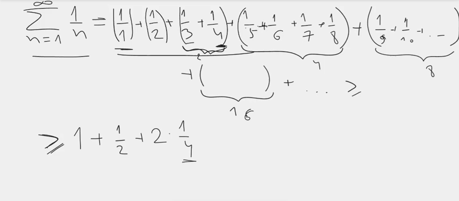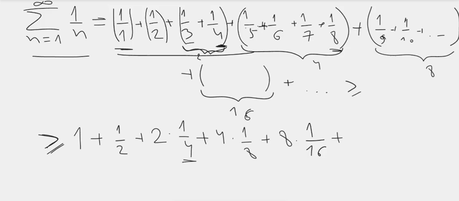In the next group there are 4 terms, and each of them is greater than or equal to the smallest one, which is 1/8. Then in the next group there are 8 terms, and all of them are greater than or equal to the smallest one, which is 1 over 16.